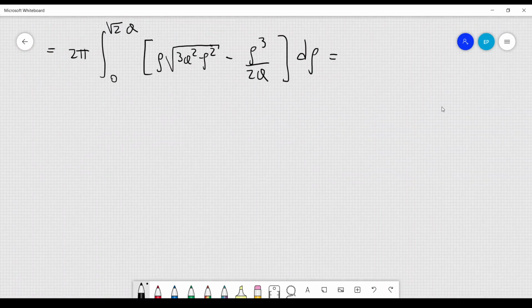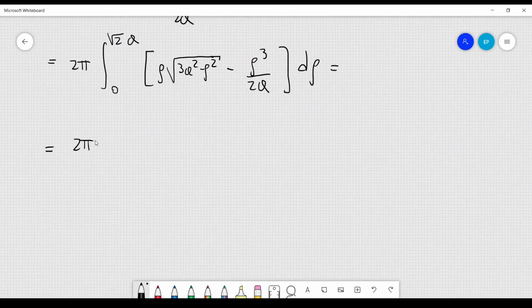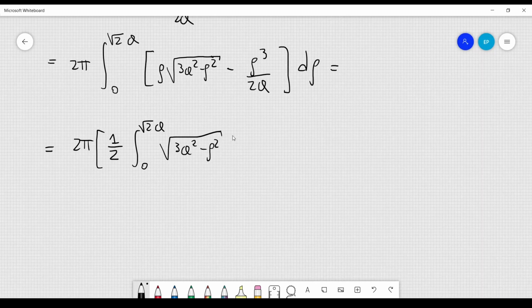2 pi times, I can rewrite the integral like this: 1/2 integral from 0 to square root of 2a, then I have the square root of 3a squared minus rho squared d rho squared, minus, and here I have square root of 2a to the fourth power divided by 8a.